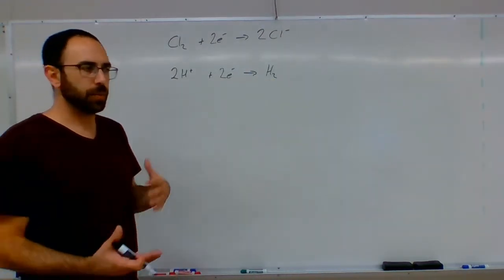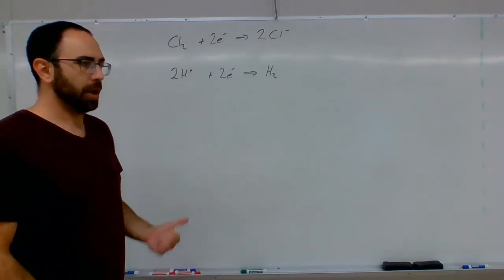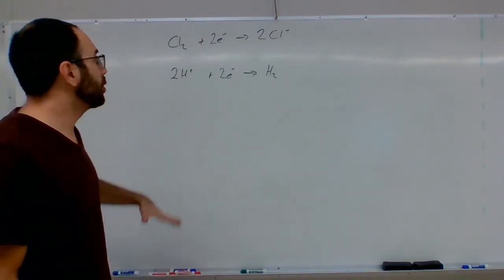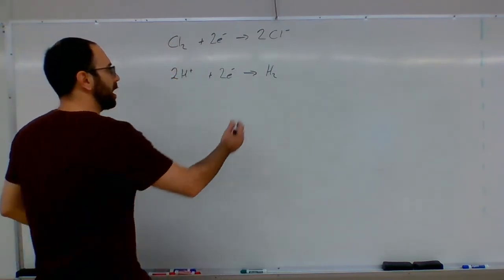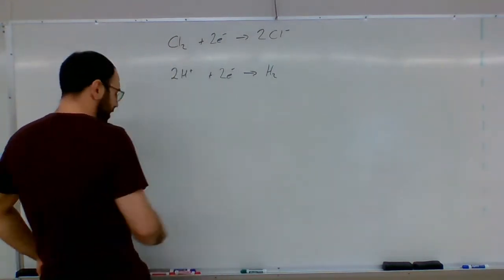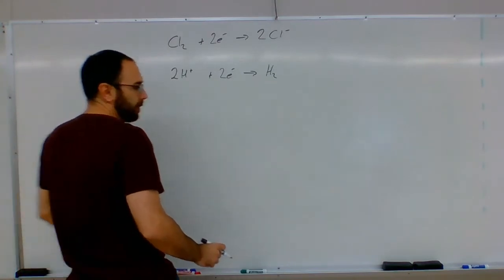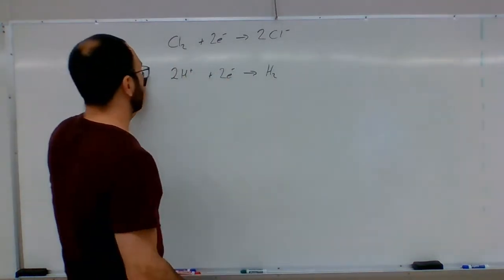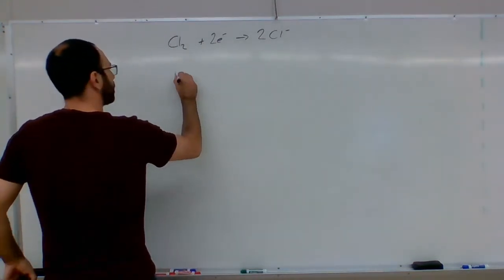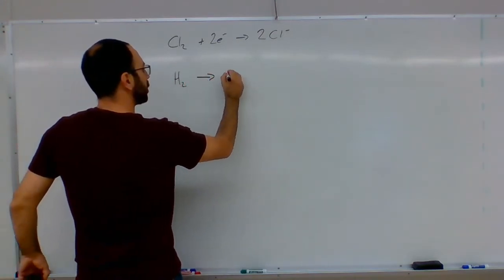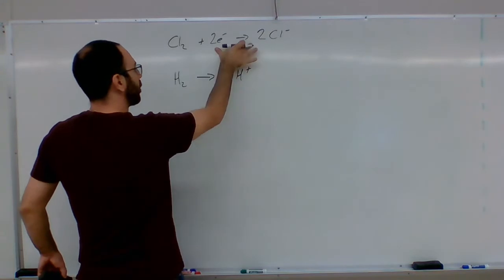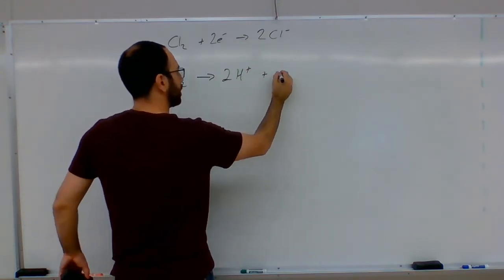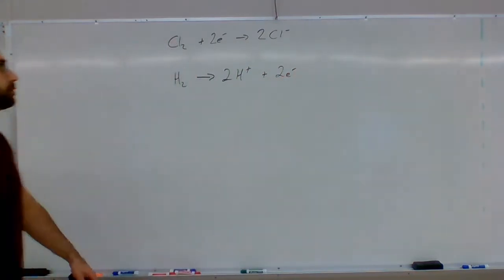So we want to pay attention to where these fall onto our standard reduction potential table. And we notice that the chlorine is much higher up than the hydrogen. So we need to have a reversal of this hydrogen. And what we end up having is that hydrogen undergoes the oxidation while the chlorine maintains that reduction.